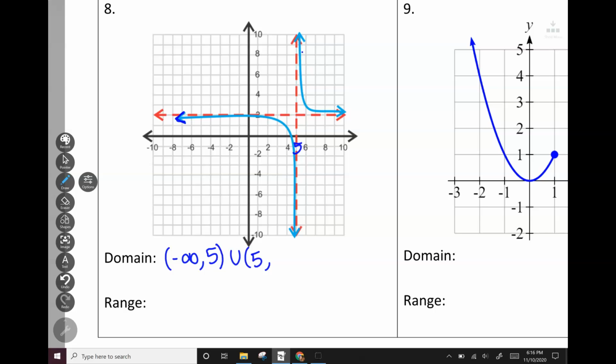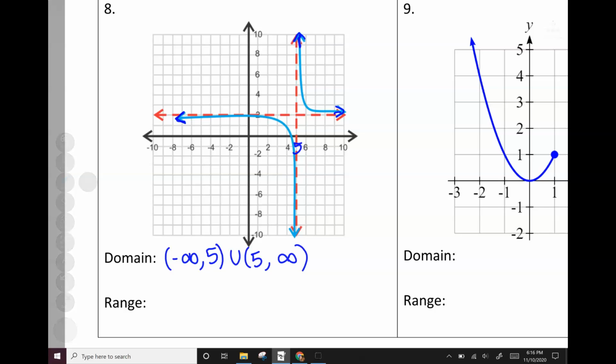So it starts back at really close to 5 here on the second blue curve, and then it goes on to infinity right here, so positive infinity. So just excluding that vertical asymptote where there are no x values, there's no line there.